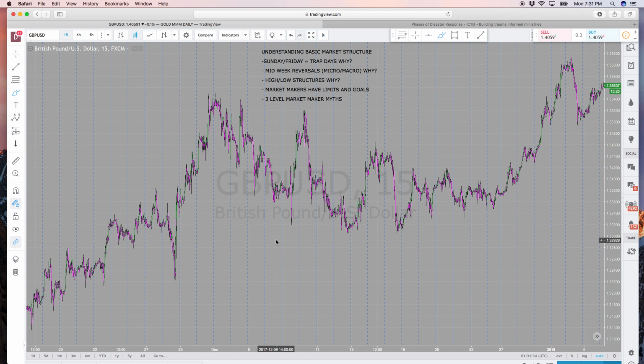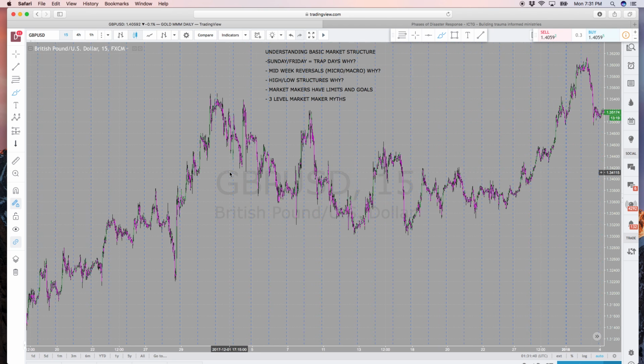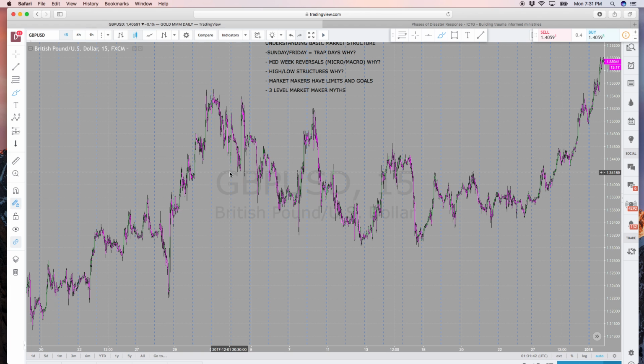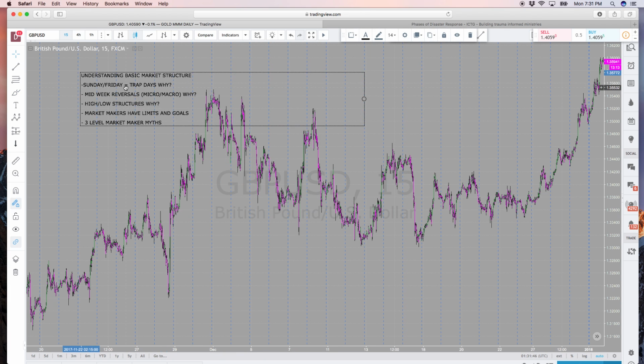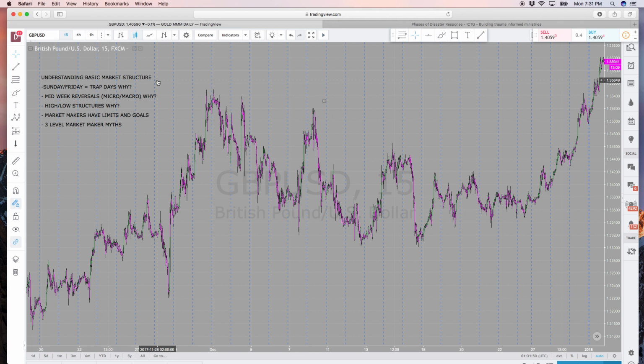So, let's go over the week. Now, we have to chart out the weeks on here to basically understand how the market maker structures the overall weeks and months, because the market maker has his limits as well.